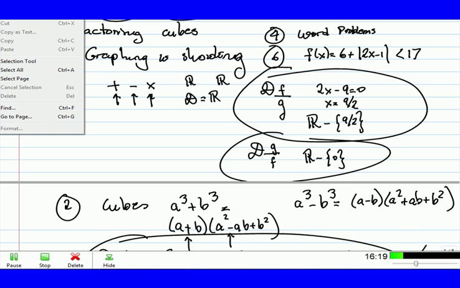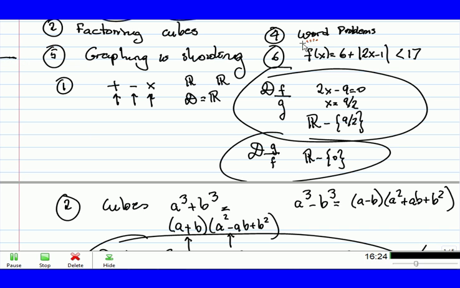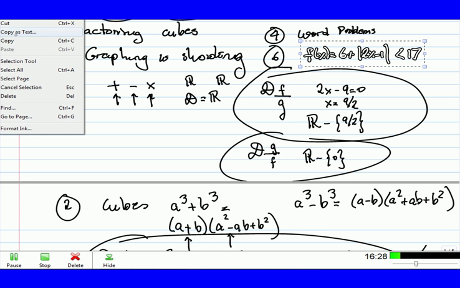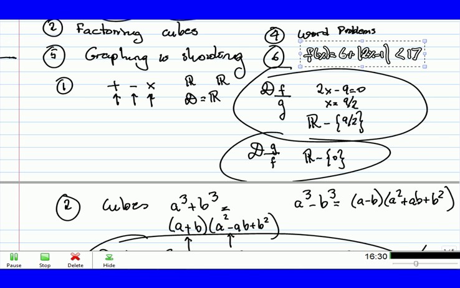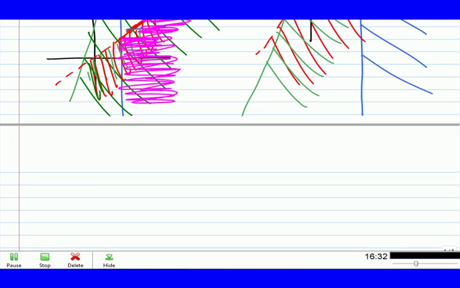So let me use the selection tool and copy that. Here you go. Here's the problem you wanted. They worded this in such a way that they gave you the f of x, and they said, when is that thing less than 17?